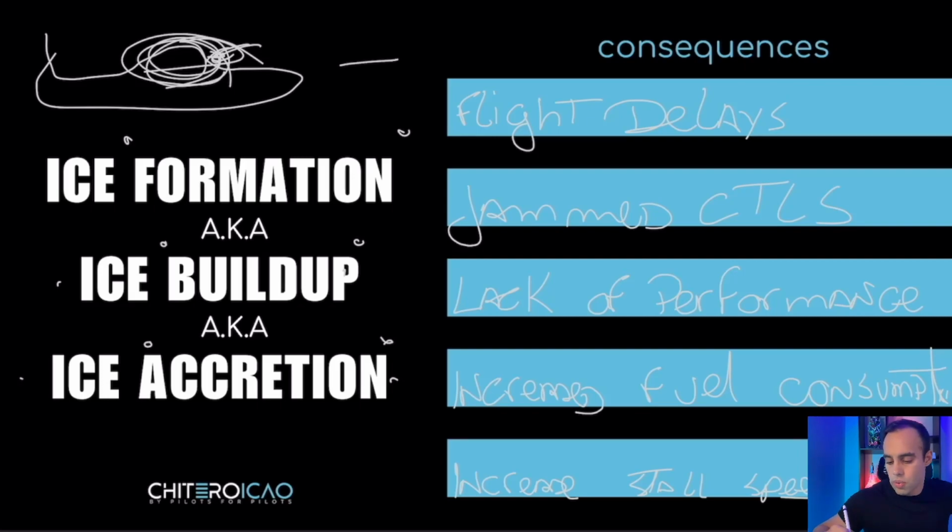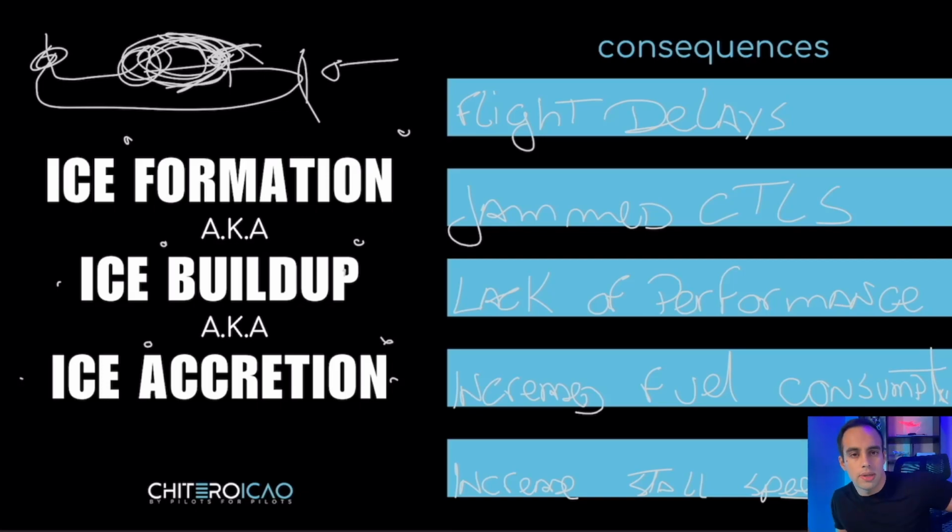It will reduce our endurance. If it gets to the flight surfaces, we can have jammed flight controls. It's going to reduce our performance as well, which of course can lead to loss of control and a crash. And of course, if we are not in our best aerodynamic profile, our stall speed is going to increase.